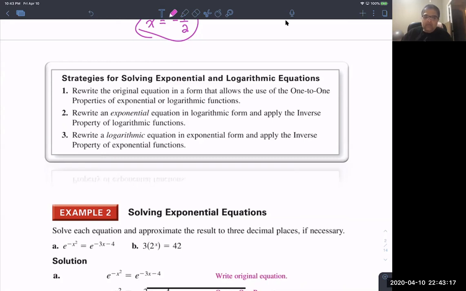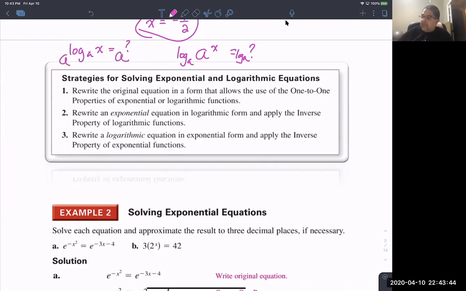And if not possible, then you have to use the inverse properties of exponents and logarithms. If you're given an exponential and you can't find a common base, you have to take the log base a of both sides. And if you're given a logarithm, you have to take the exponential of both sides.